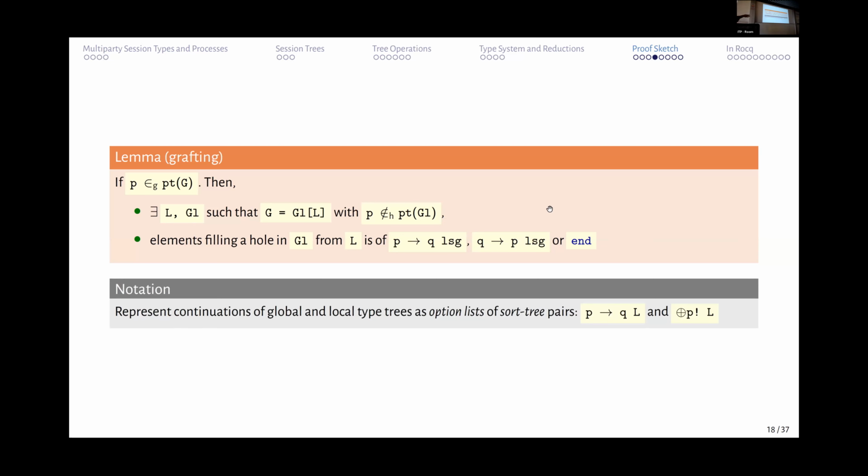From here on, just a quick note on notation: we will represent continuations of global and local type trees as option lists of sort-tree pairs, which is a way we got rid of alpha conversion. We assume an enumeration of labels, and based on that enumeration, that's exactly what the label corresponds to in the continuation.